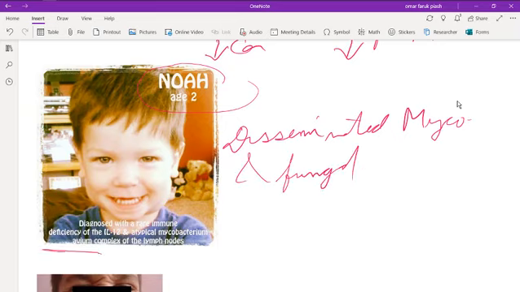Look, the boy is suffering from Mycobacterium avium intracellulare complex. It may present after BCG vaccination.